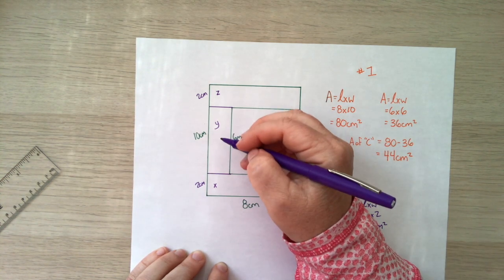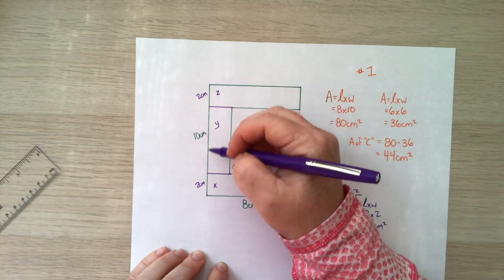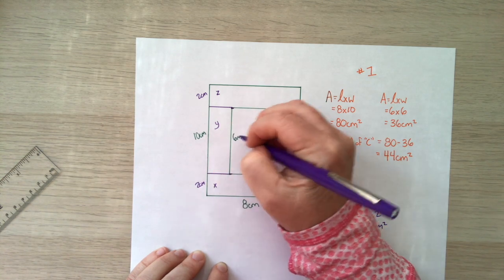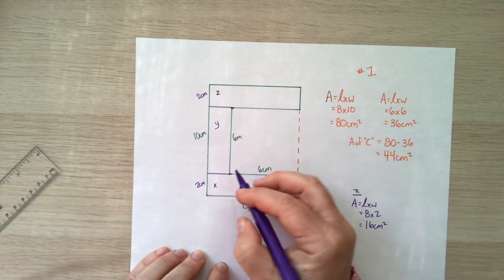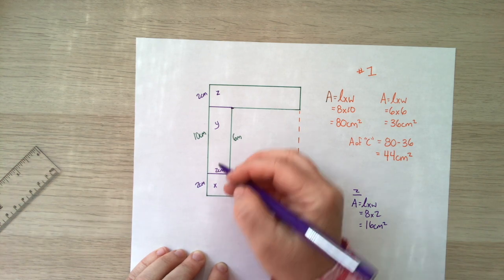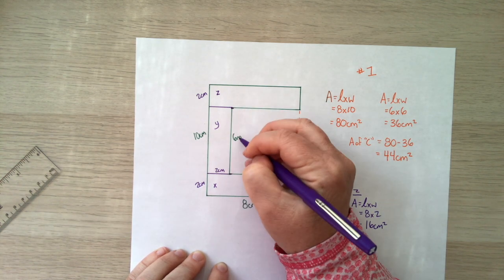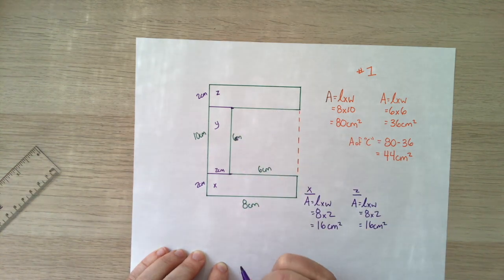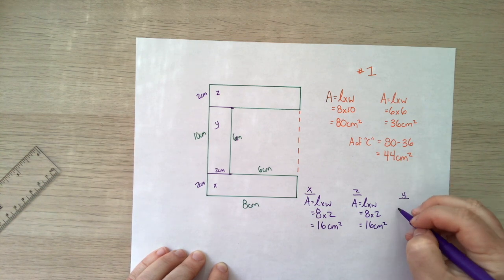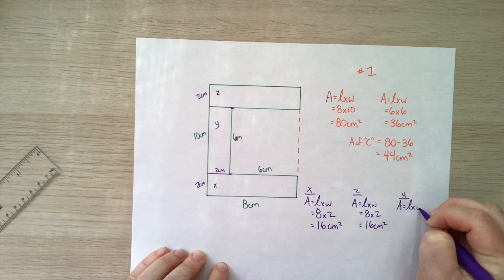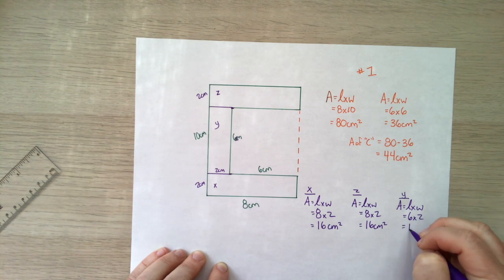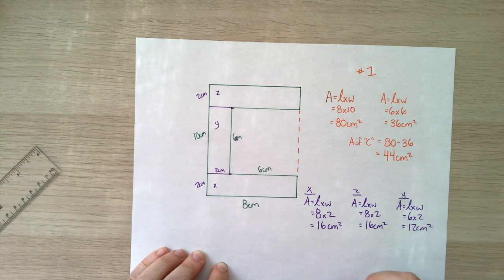Now for Y here, it's certainly not 10 centimeters anymore because we've taken out these. It's actually the same as this side. It's 6 centimeters. And if this side is 6, that means this is 2. So this rectangle here is a 2 centimeter by 6 centimeter. So rectangle Y, area equals length times width, equals 6 times 2, which is 12 centimeters squared.